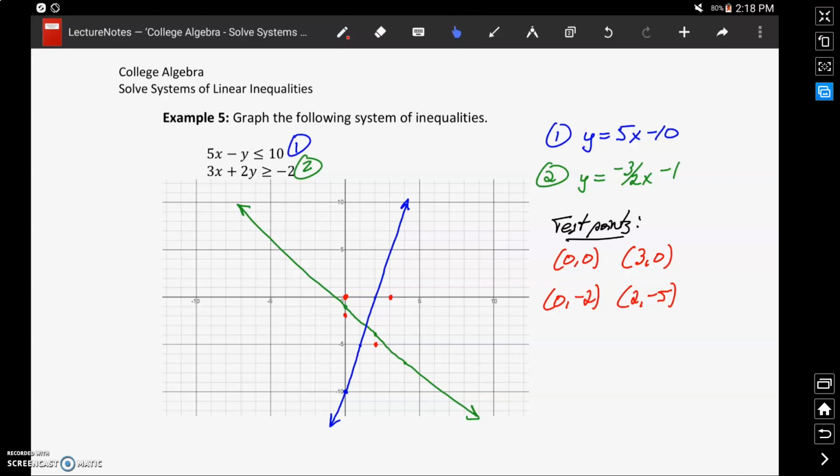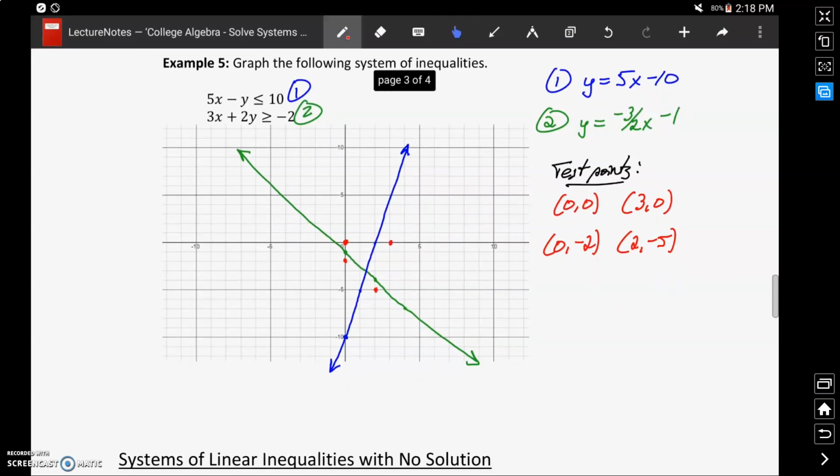Again, we've selected one point in each of those 4 bounded regions, separated by the lines that correspond to our inequality statements. And this time around, it would be (0, 0) that would make both inequality statements true.